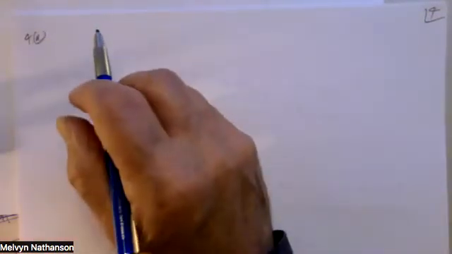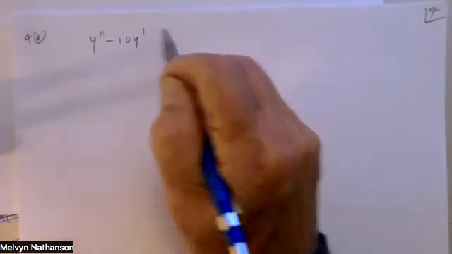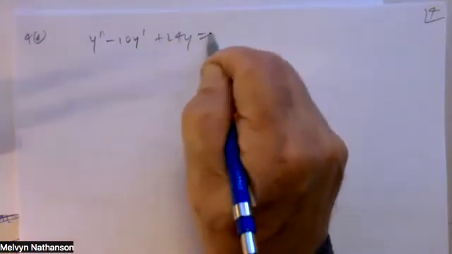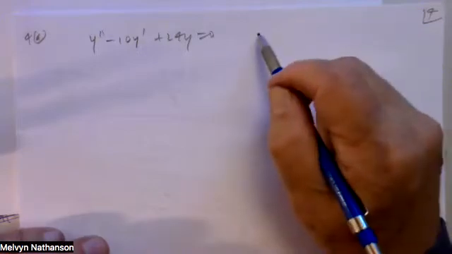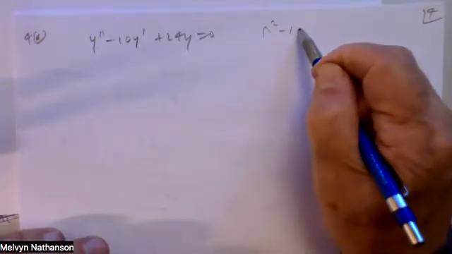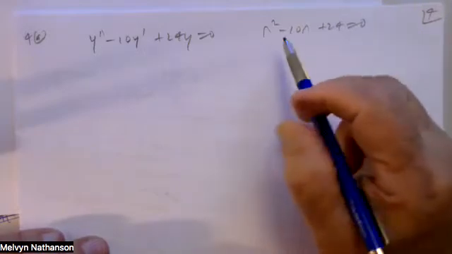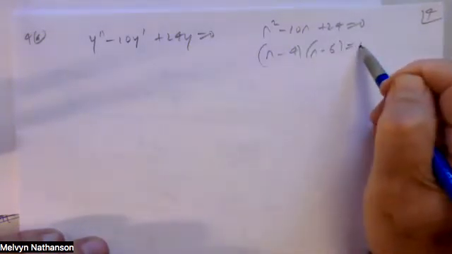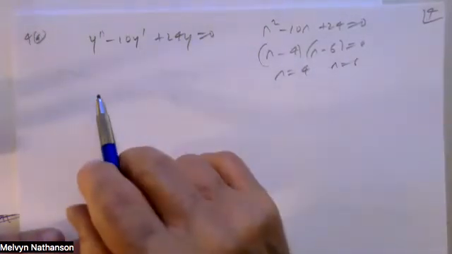Find the general solution of the second order linear differential equation, y double prime minus 10y prime plus 24y equals 0. So we have to look at the associated quadratic equation, r squared minus 10r plus 24 equals 0. Of course, this factors into r minus 4 times r minus 6. So there are two solutions, r equals 4 and r equals 6.